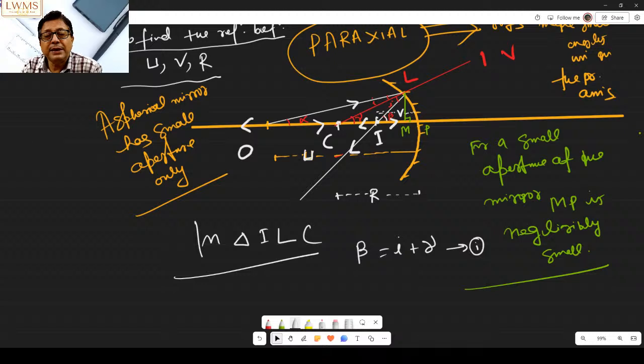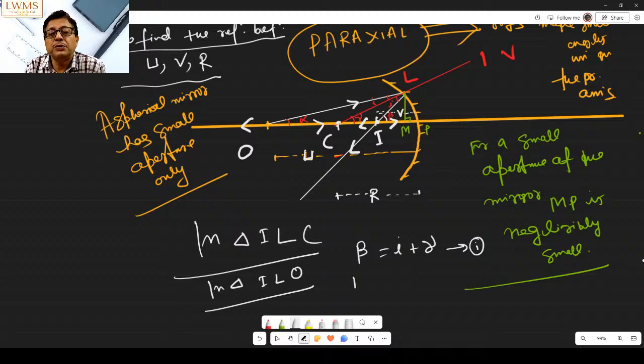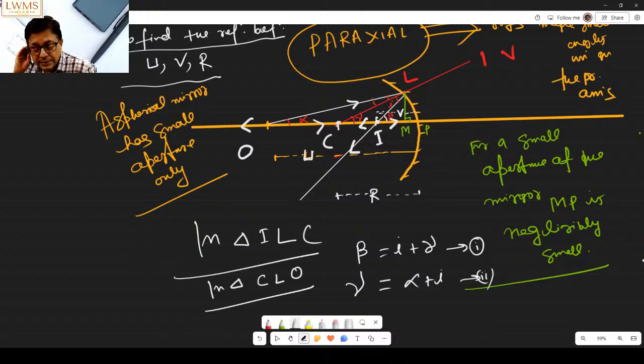At the same time, now I am going to consider the triangle CLO. In this triangle, what do you observe? That gamma equals alpha plus I. Isn't it?